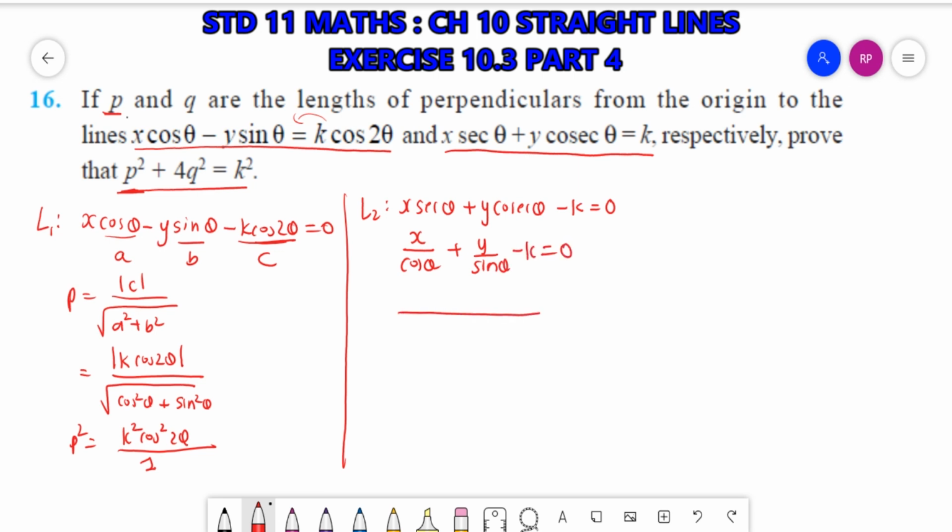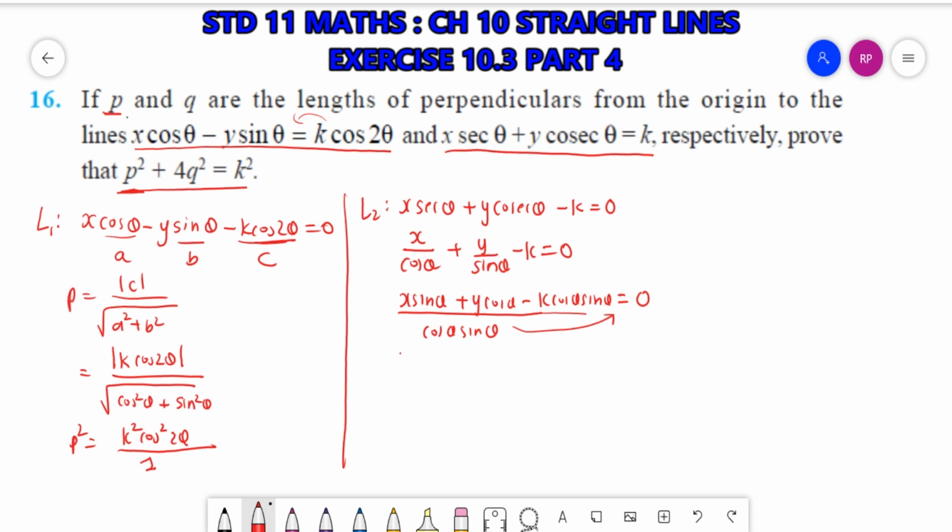So taking LCM, cos theta sin theta, it will be x sin theta plus y cos theta minus k cos theta sin theta equal to 0. So when cos theta sin theta goes on the other side, it will be equal to 0.